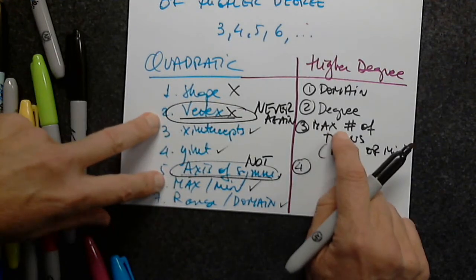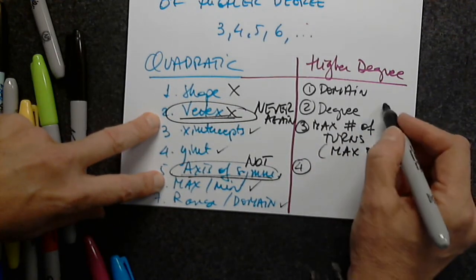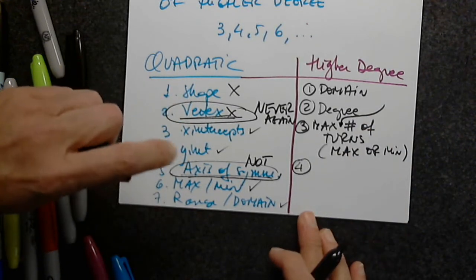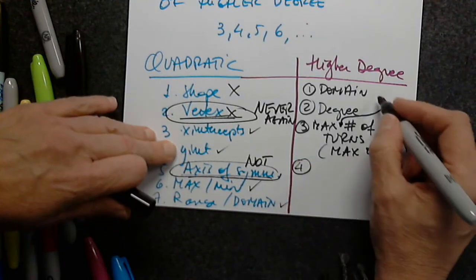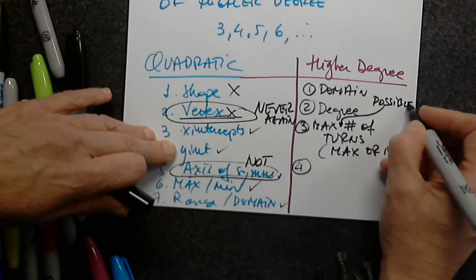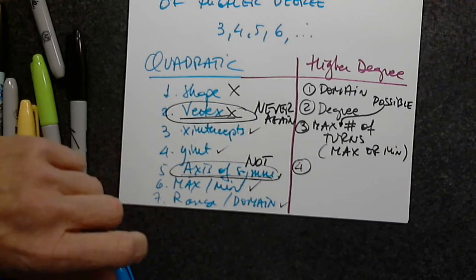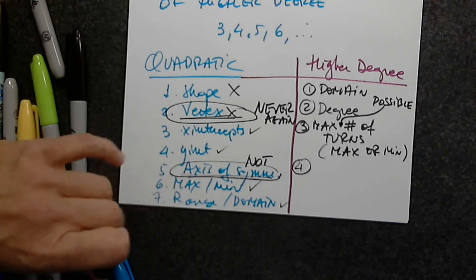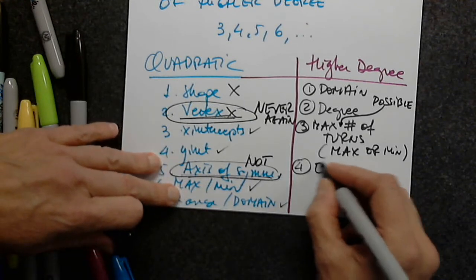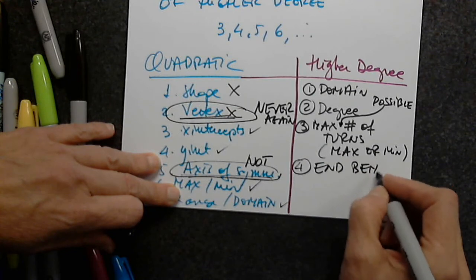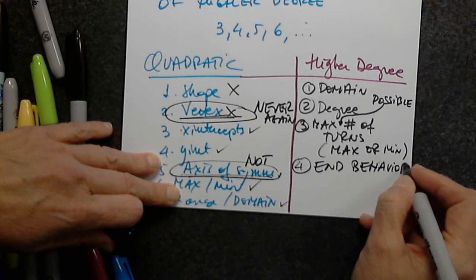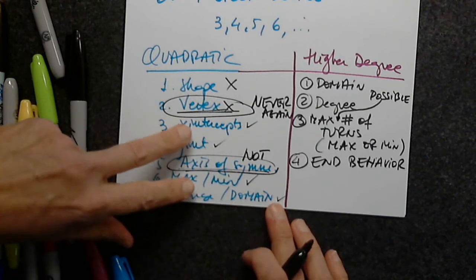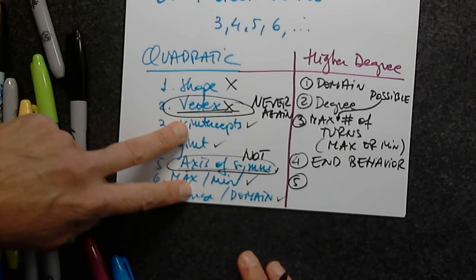It's maximum possible number of terms. So the point I'm making is the function doesn't have to turn that many times. So the maximum possible number of turns. End behavior. End behavior. This we did not have for quadratic. Number 5.